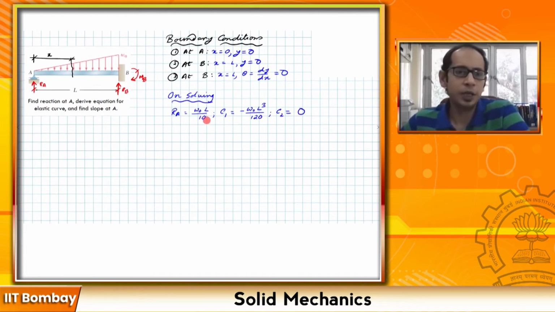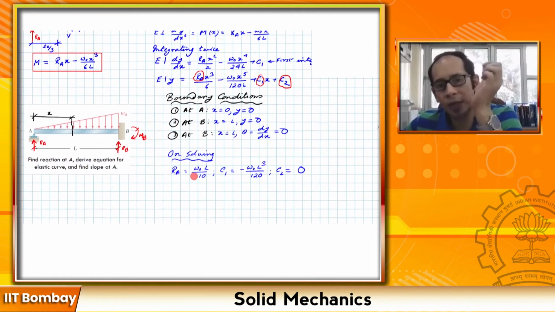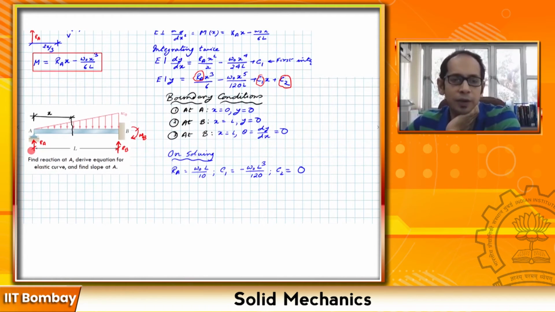So this is, you see, using now our deflection criteria. Without using any equation of equilibrium alone, I have found out the value of Ra simply using the deflection steps. Now if you want to find the other reactions, the problem does not ask you that.